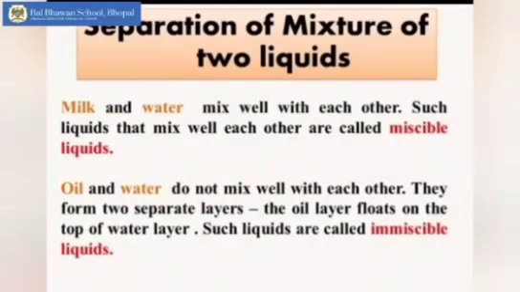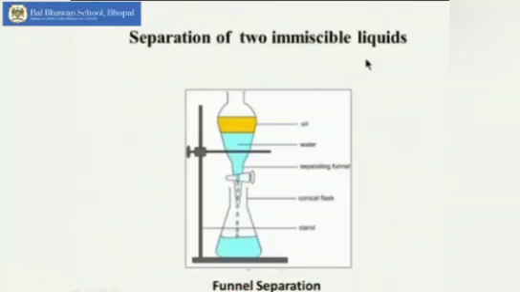After this, let us talk about mixtures of two liquids and how they can be separated. You know that mixtures of liquids are of two kinds. You know about miscible liquids and immiscible liquids. Immiscible liquids are those which do not mix up with each other.